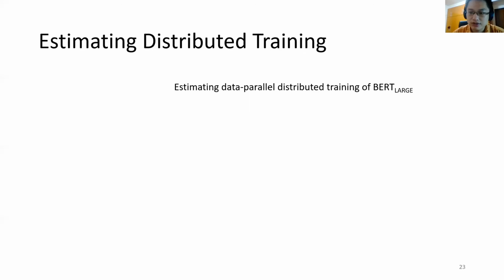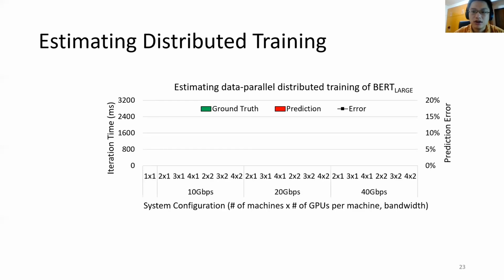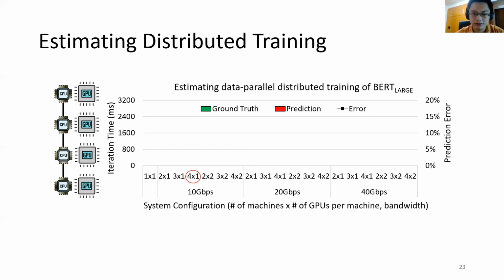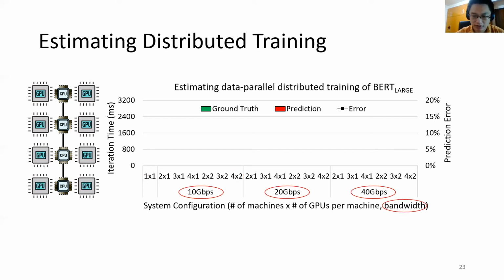We then show Daydream's prediction of distributed training runtime. The profiling is run on a single machine with a single GPU, and we vary the system configurations in multiple dimensions, including the number of machines, the number of GPUs per machine, and the interconnect bandwidth.